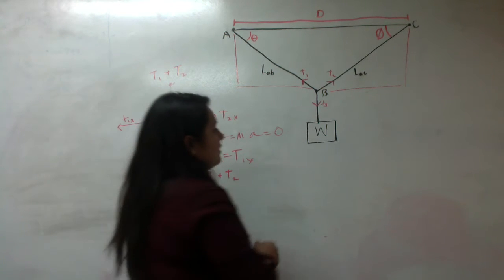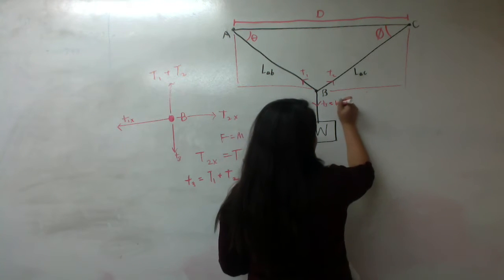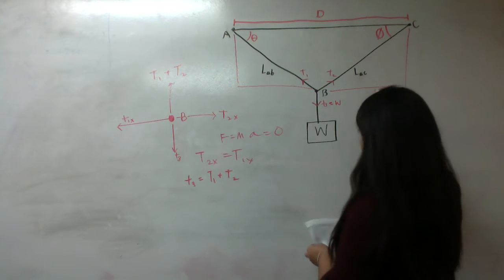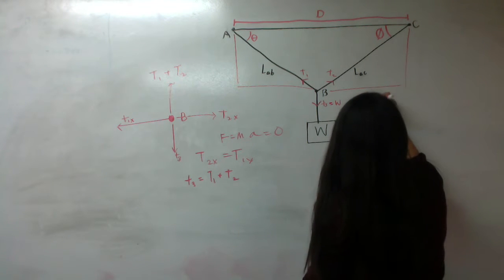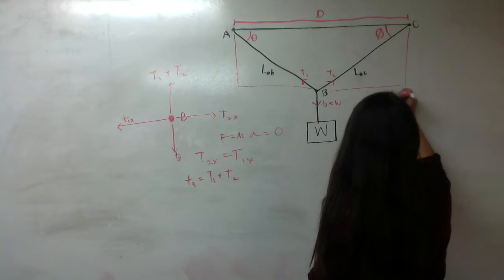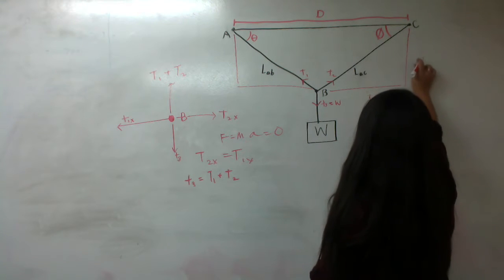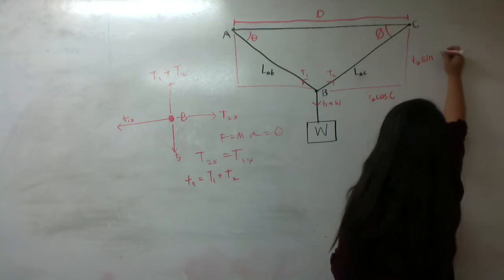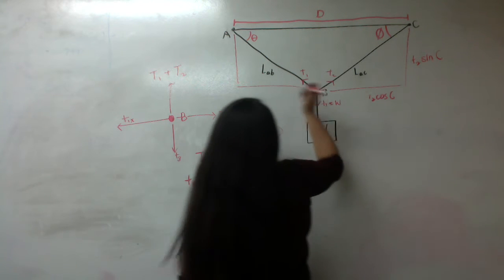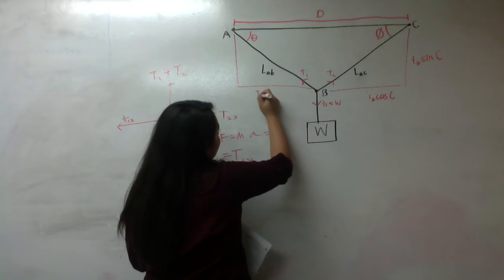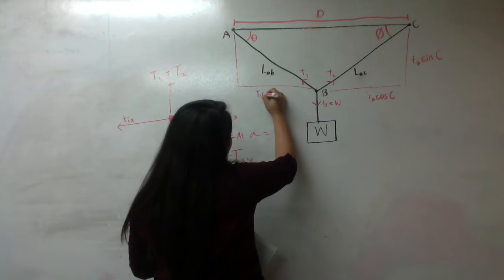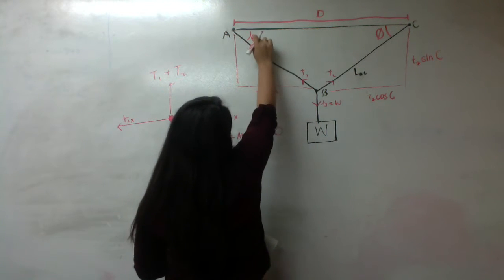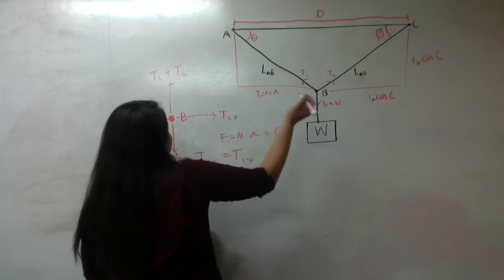This third tension is equal to the weight, while this x component of tension 2 is equal to tension 2 cosine of this angle, C, and then the y component is equal to tension 2 sine of that same angle, C. Same goes for this one. The tension 1 x component is equal to tension 1 cosine of the angle A, which is theta, what we're looking for.